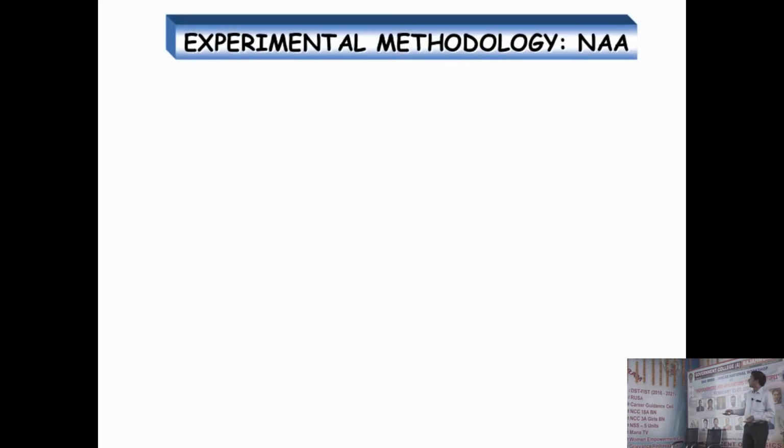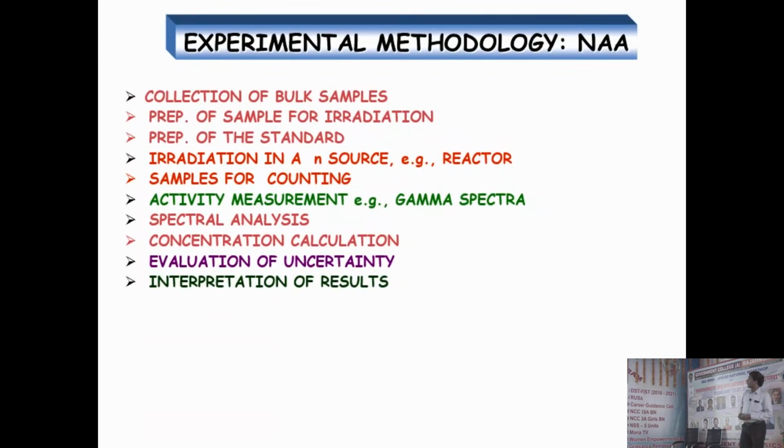The experimental methodology is the collection of a bulk sample, and then preparation of the sample for irradiation, depending on your requirement, the beam size and the conditions for taking it into the reactor. Because these are all relative methods, you have to simultaneously prepare standards in the same way.